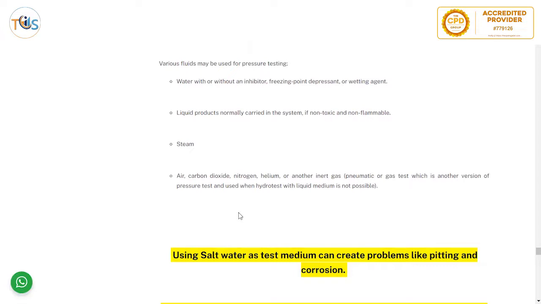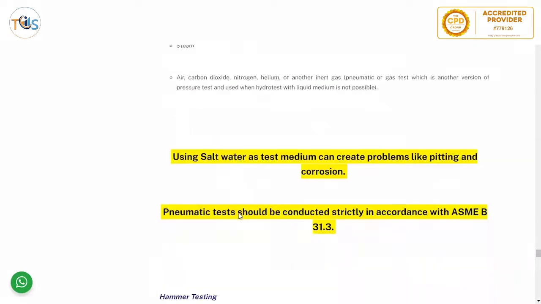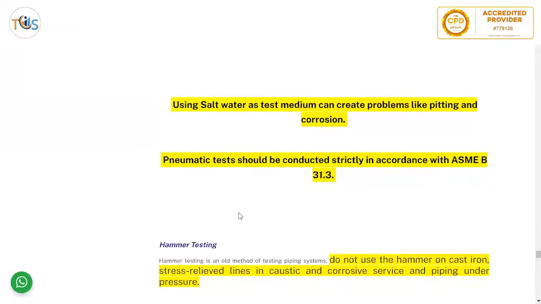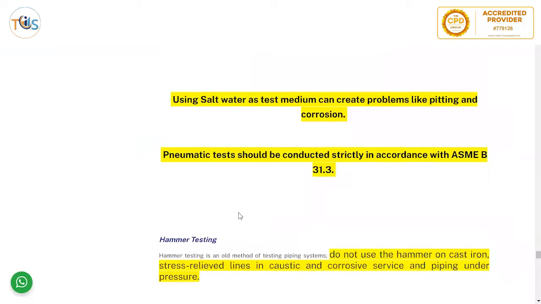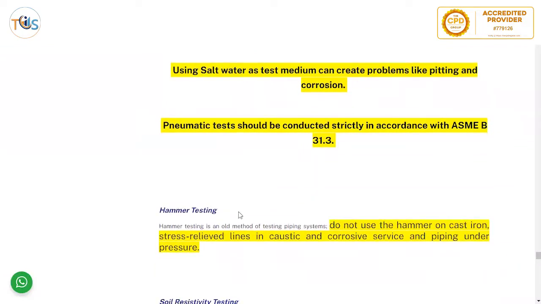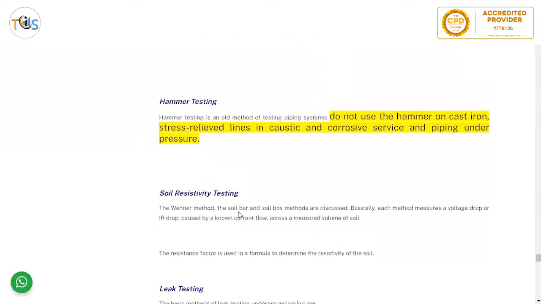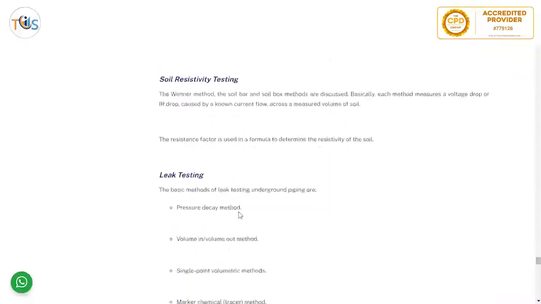A pneumatic or gas test is another version of pressure test and is used when a hydro test with liquid medium is not possible. Using salt water as a test medium can create problems like pitting and corrosion. Pneumatic tests should be conducted strictly in accordance with ASME B31.3. Do not hammer test on cast iron, stress relief lines in caustic and corrosion service, and piping under pressure.